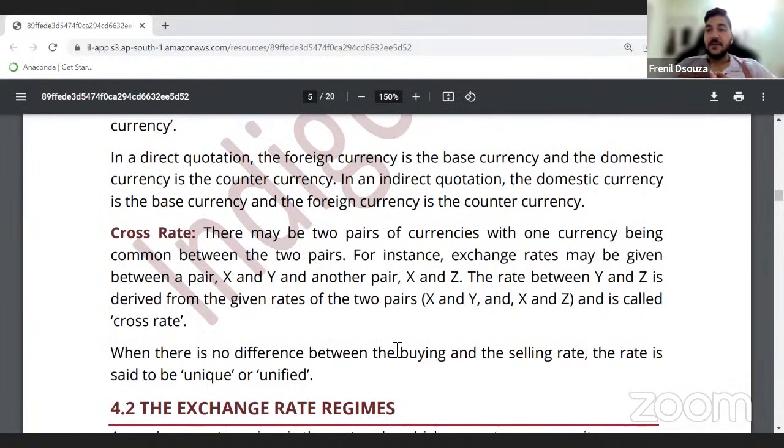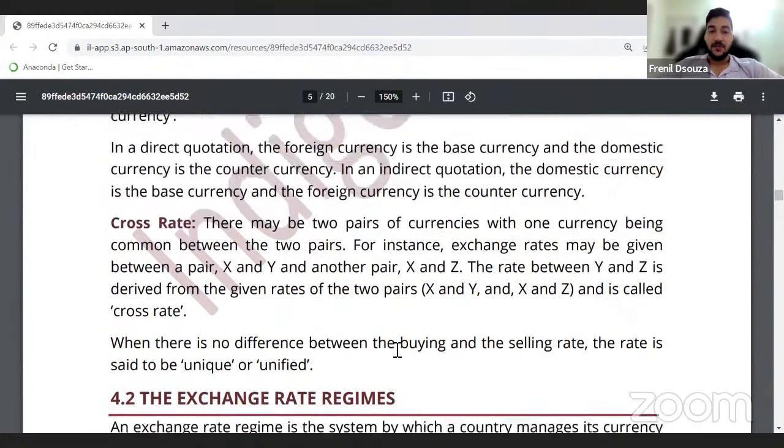And Indian currency and that African currency don't have a direct quote or any kind of quote for that matter. In that case, what does India have to do if it has to get that African currency when there is no quote at all? You have to first buy dollars, and after buying dollars, use that dollar to buy that African currency, right? Hence, here a cross rate is calculated where the quotations are not given directly, right?